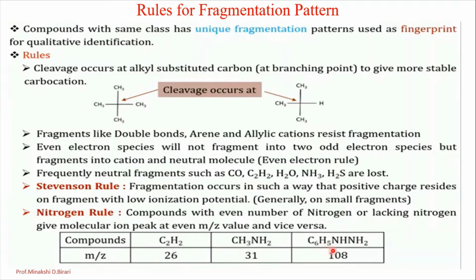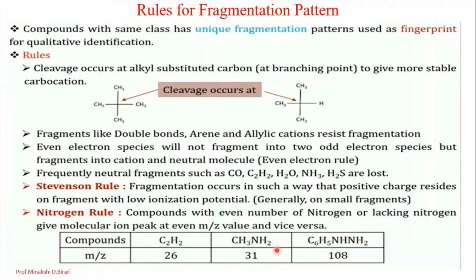And in the next example, an even number of nitrogens, two nitrogens, the m/z ratio is 108. So compounds having an even number of nitrogens or lacking nitrogen give the molecular ion peak at an m/z ratio that is also even. These rules are useful to study the fragmentation pattern in different classes of organic compounds.